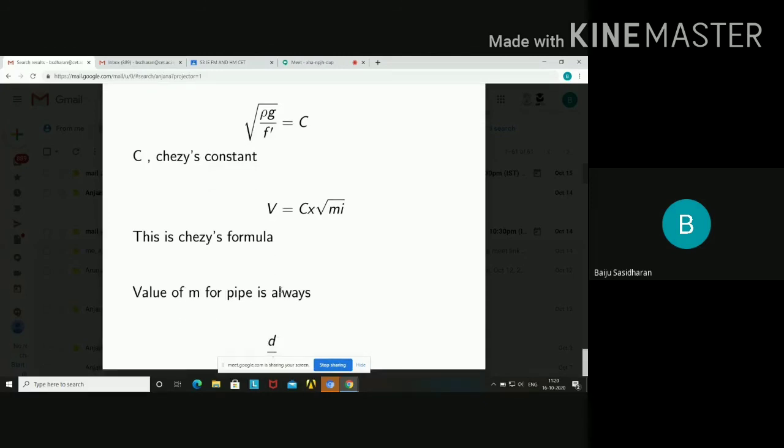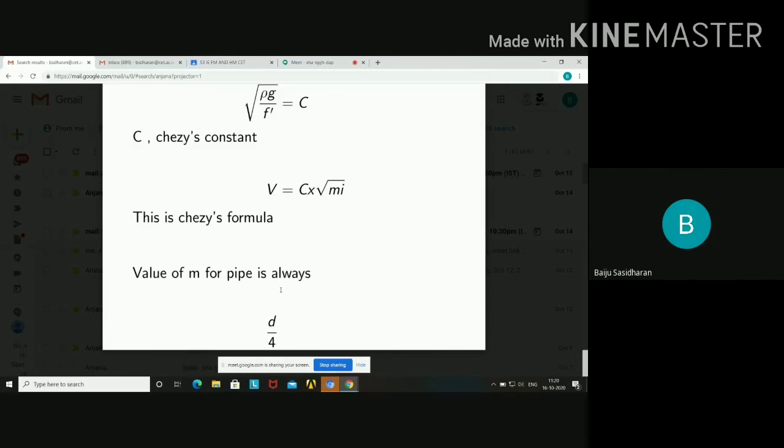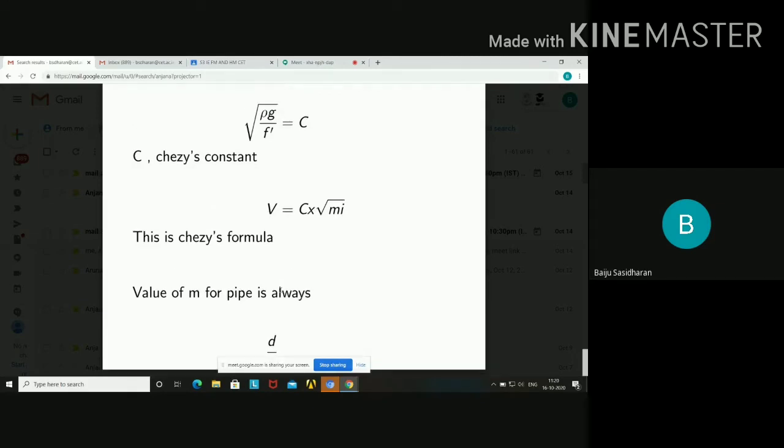The value of m for a pipe is always d by 4. So this Chezy's formula gives the expression for velocity. And this Chezy's formula as well as the Darcy-Weisbach equation is mainly used to find the frictional losses in pipe.